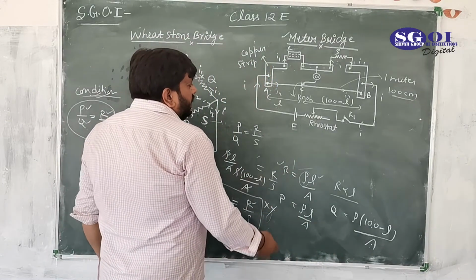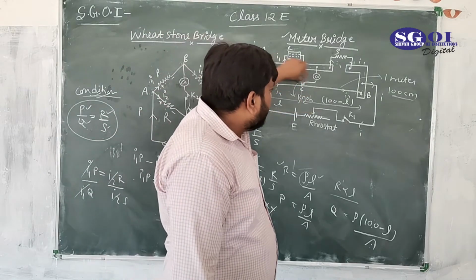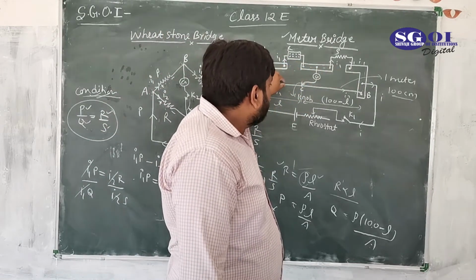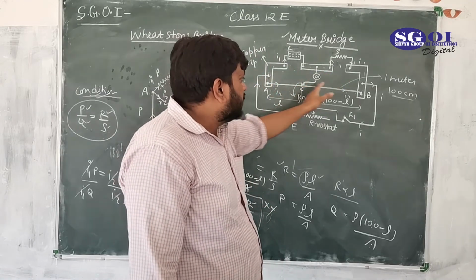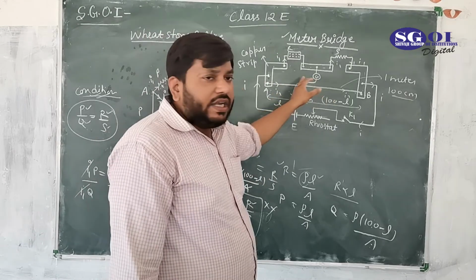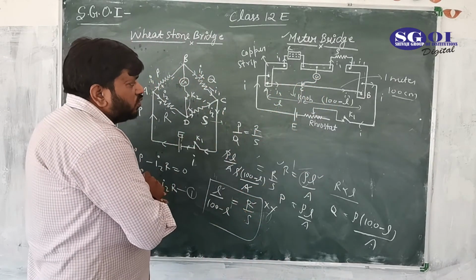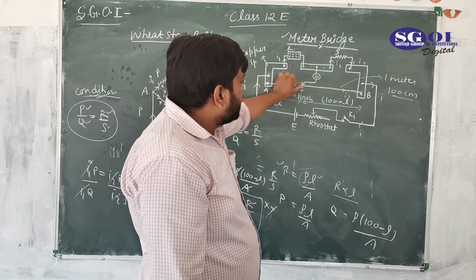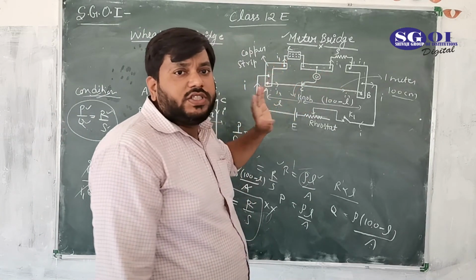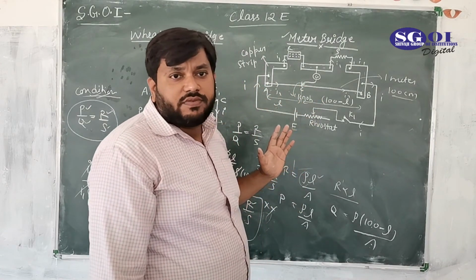There is one more error. On sliding this knob, the thickness, the cross section of this wire could change, because on sliding it could get scratched. So the cross section area of this particular wire would be changed, and if the cross section is changed, then it would affect the resistance value.